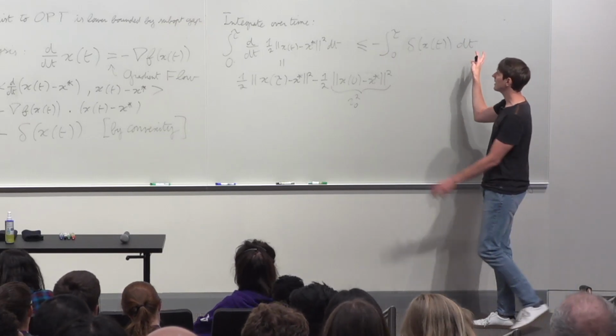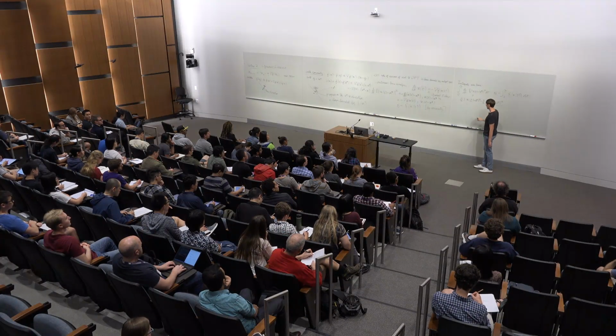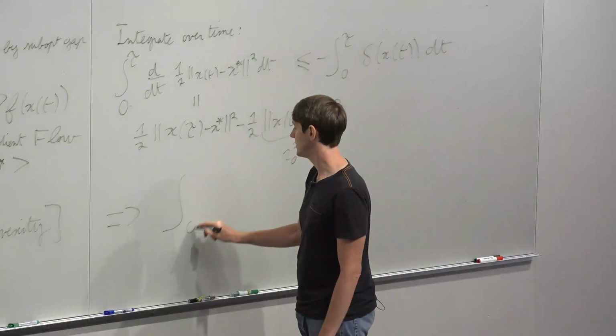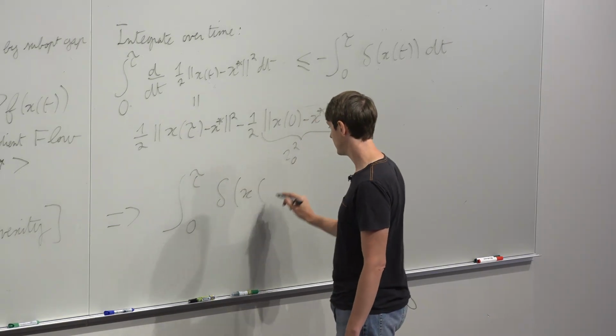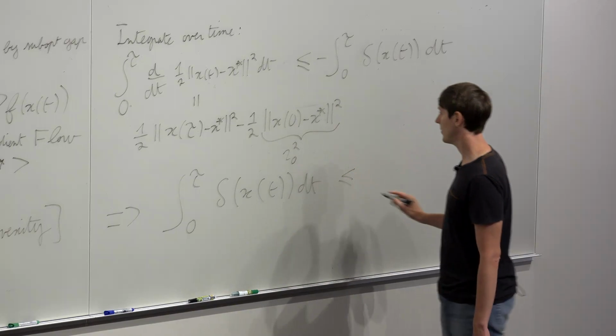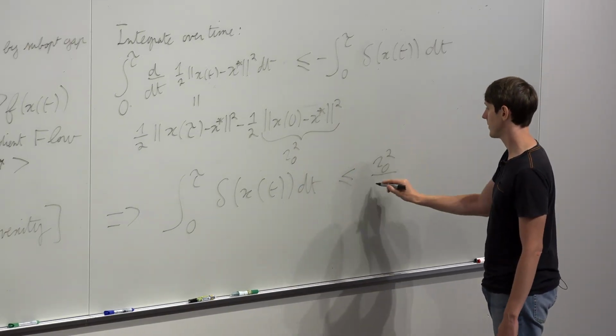So what do I get? Let me rearrange. I put that on the left side, and this thing I just lower bound by 0. So what I get is that the integral from 0 to tau of delta of x of t dt is upper bounded by r0 squared over 2.